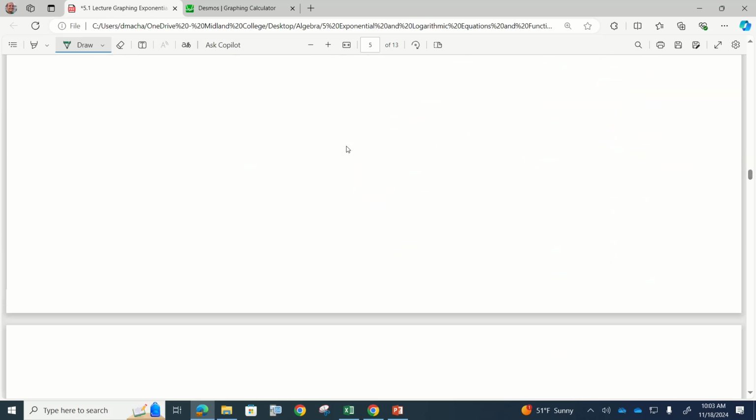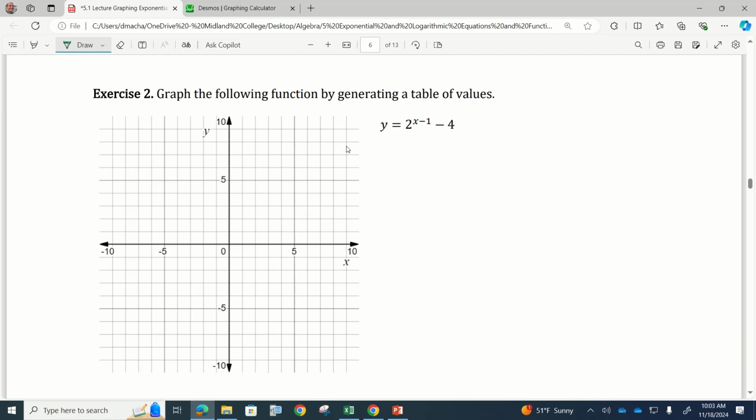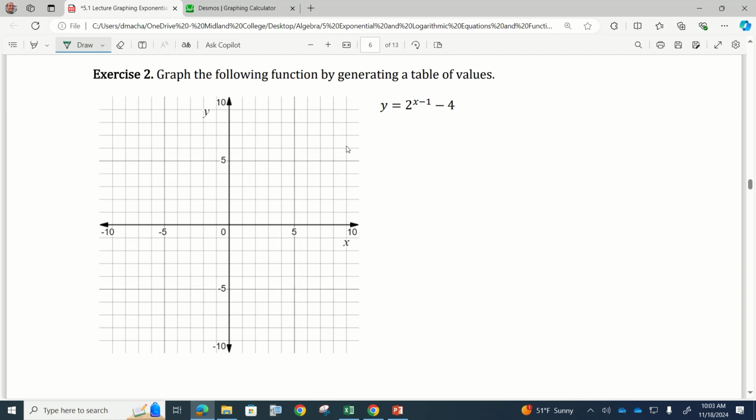All right, slightly more complicated, but still not too bad, I think. I've got a new function. It's an exponential function, and I want to make a table of values and graph it. So maybe I start with x equals 2. If x equals 2, y would be equal to... Very good. y is negative 2.